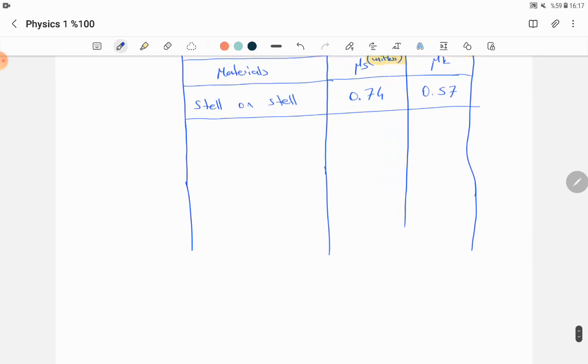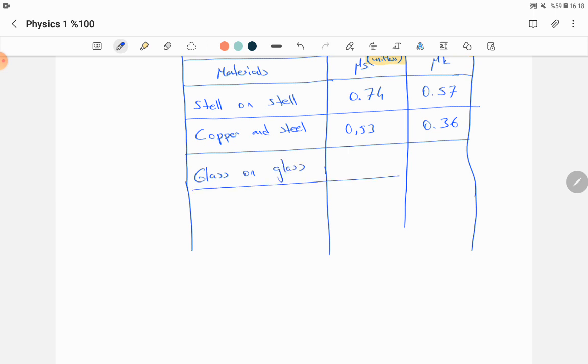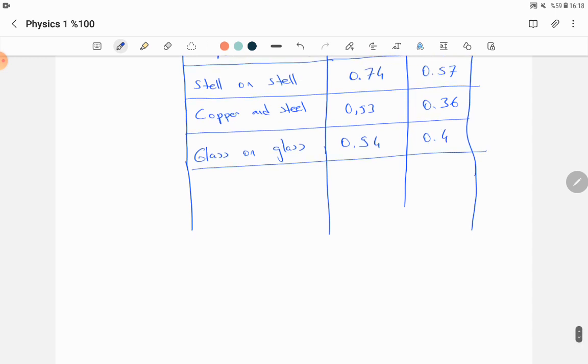And copper on steel, 0.53 and 0.36. And glass on glass, 0.94 and the kinetic 0.4.